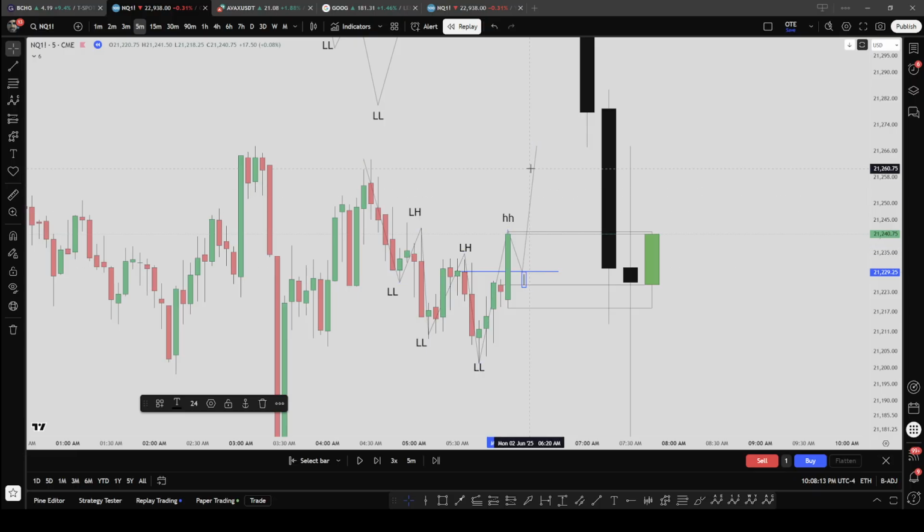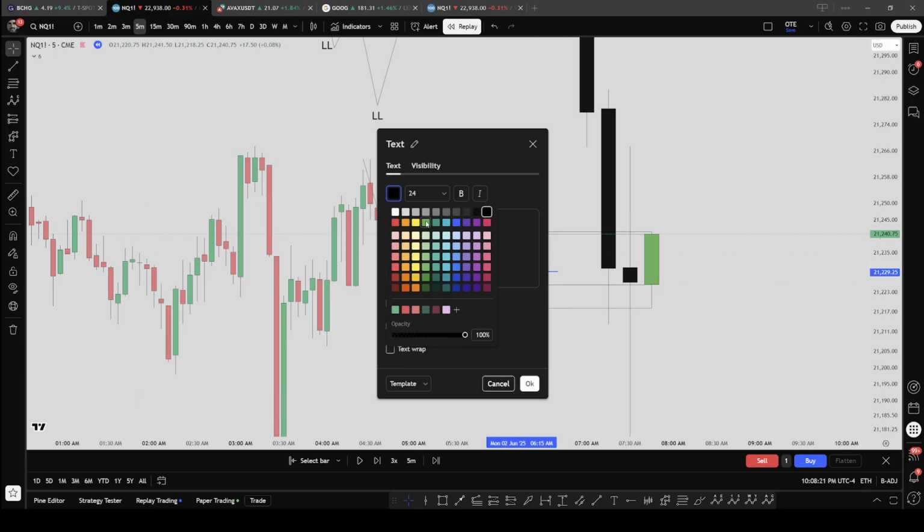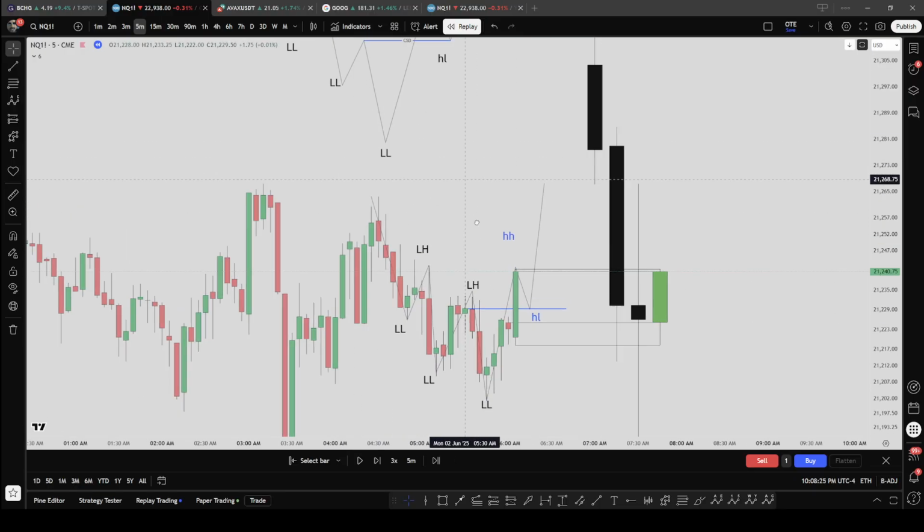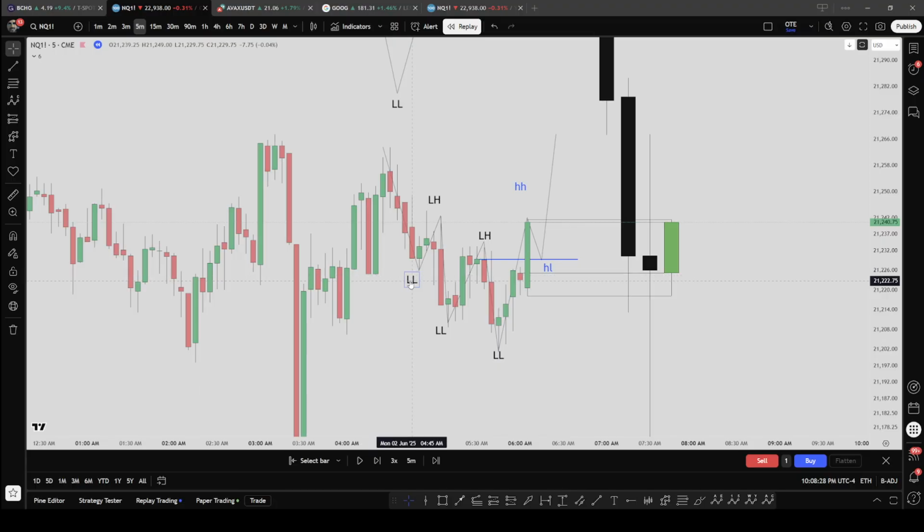Usually it's going to turn the lower high into a higher low. I'm going to make this blue just so it's easier to visualize. So you see the template above: lower low, lower high, lower low, lower high, lower low, break up, so higher high to the higher low.